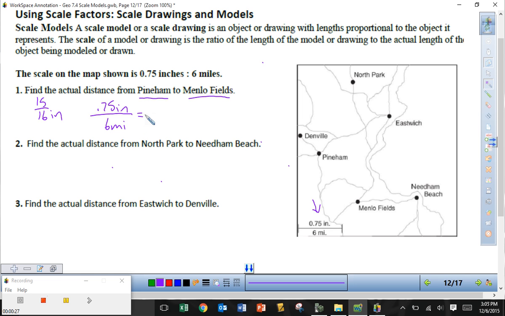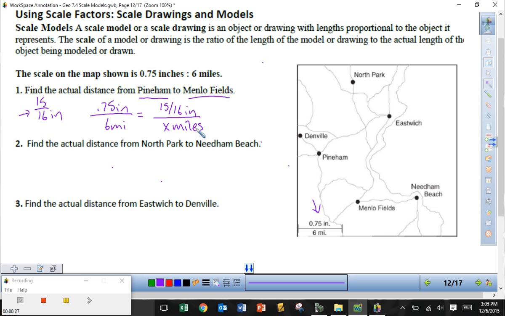Well, on the other side of our proportion, we know we have 15/16 of an inch, and we're going to have our unknown. Since this is in inches here, we know that we want to put that on the top. We'll say 15/16 of an inch, that is representing how many miles.